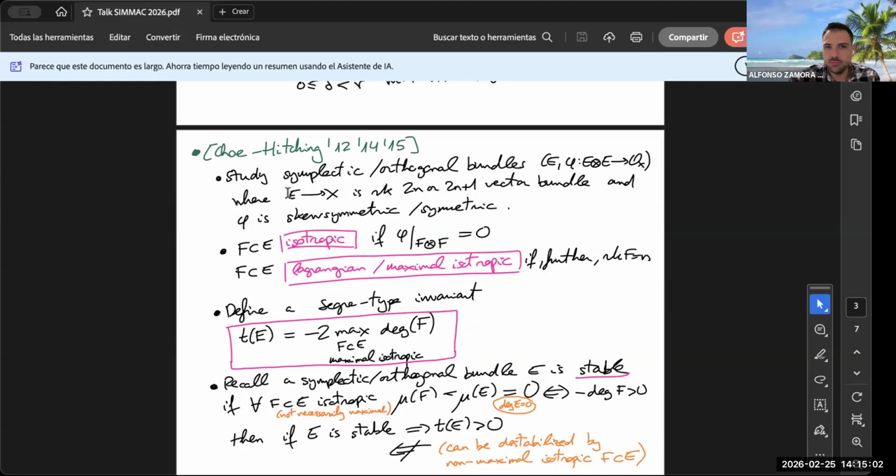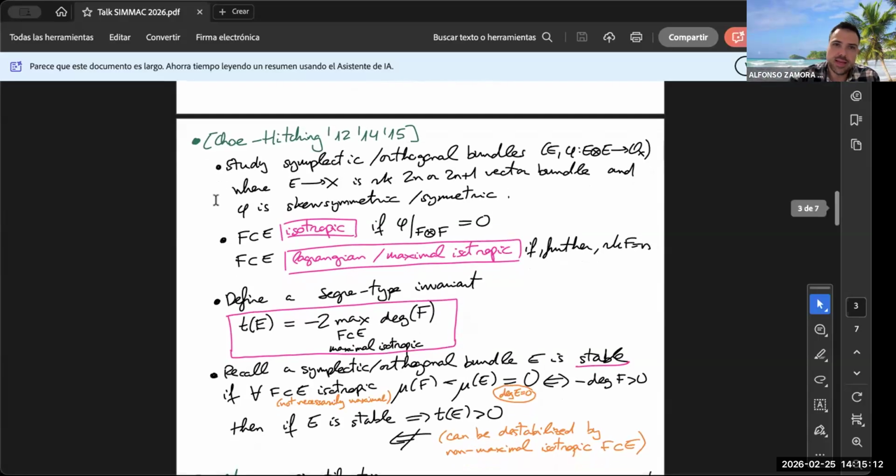The vector bundle appearing here has rank 2n in the symplectic case, or it could be of both even or odd rank in the orthogonal case. And then the morphism phi is skew-symmetric or symmetric, depending on whether we are considering the symplectic or the orthogonal case.